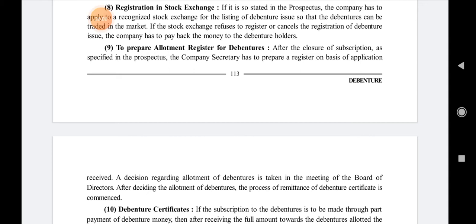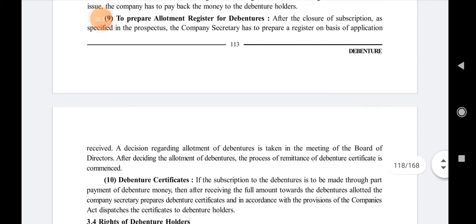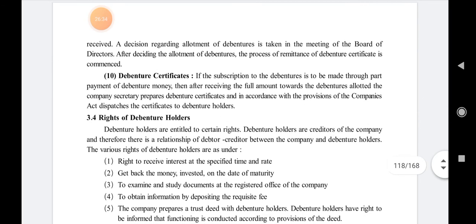After the applications are received by the company, a decision regarding the allotment of debentures is taken in the meeting of the board of directors. See, if the subscription is over, at that time you have to compulsorily go through the decision taken in the meeting of the board of directors.